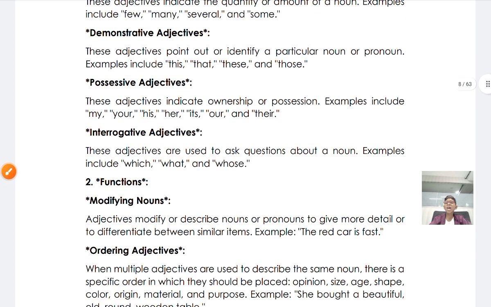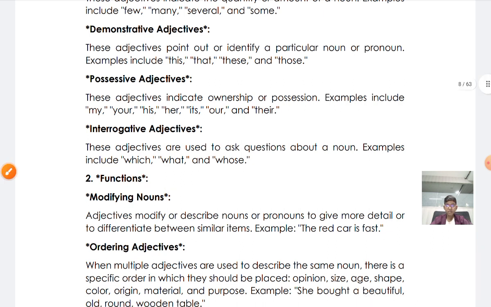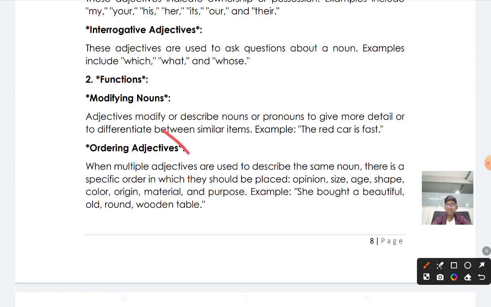So next comes the functions. In functions, the first one is modifying a noun. Adjectives modify or describe nouns or pronouns to give more detail or to differentiate between similar items. Example, the red car is fast. So next comes the ordering of adjectives.